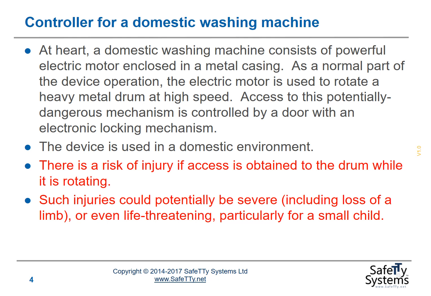We're going to take this device and place it in a domestic environment. If this was in a factory, there would be a large number of health and safety considerations to apply. In a domestic environment, we need to consider that there's a significant risk of injury if access to the drum is obtained while the device is rotating. Such injuries could be potentially very severe, including loss of a limb, or even life-threatening, particularly for a small child.